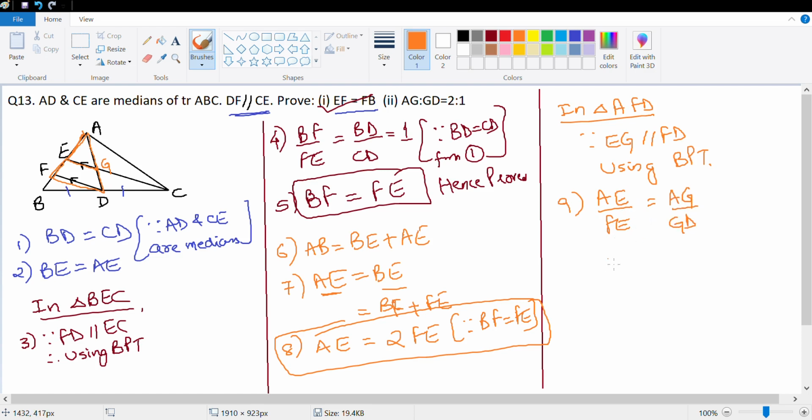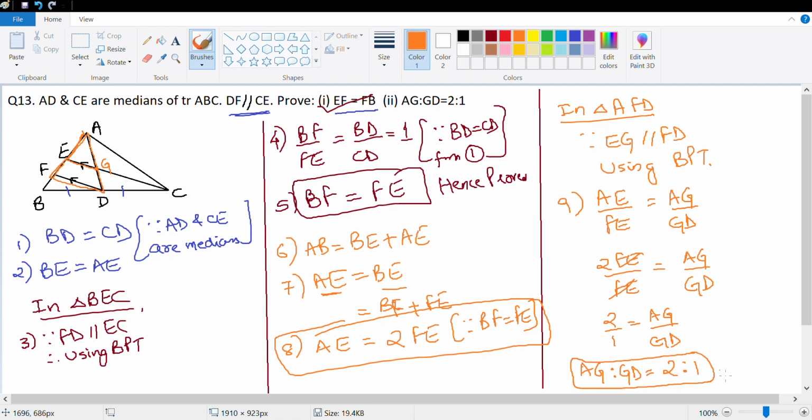Now AE is equal to 2 times FE and FE is obviously FE. FE and FE get cancelled. So this is 2 upon 1 is equal to AG upon GD, which means AG is to GD is 2 is to 1. Since they want the answer in ratio form, we write it in ratio form. That finishes this question for us.